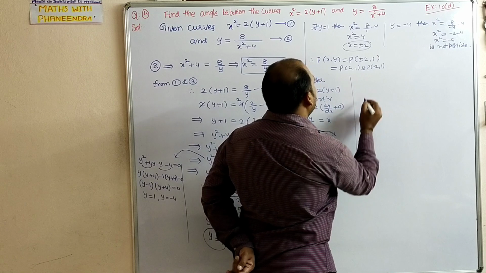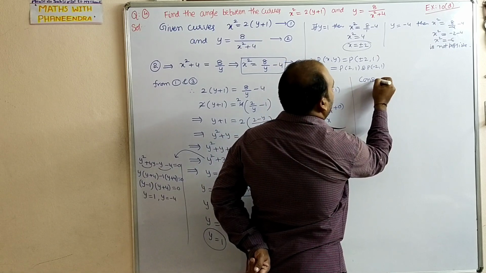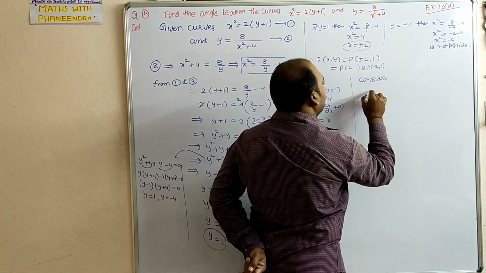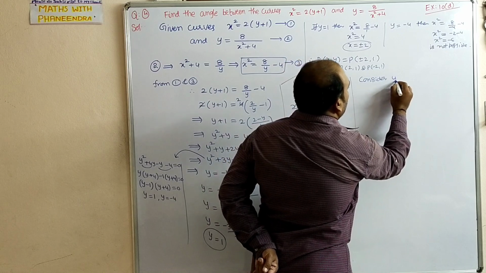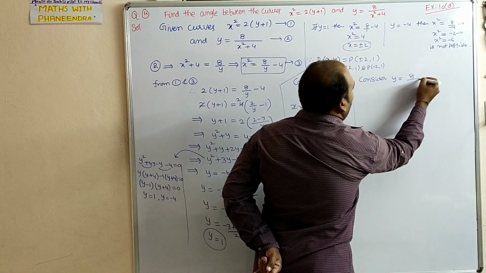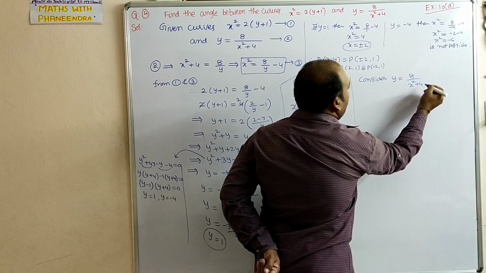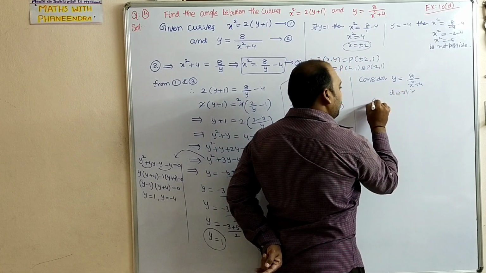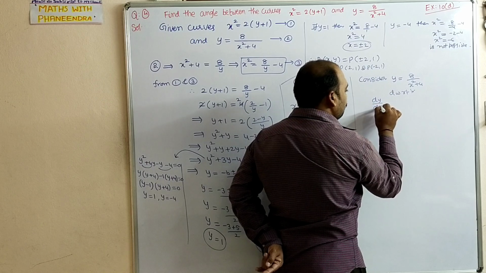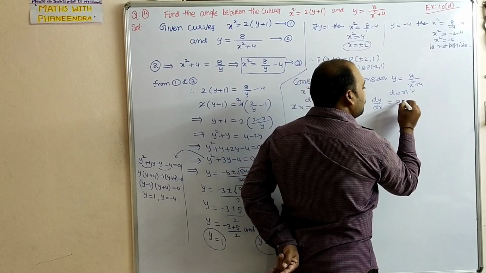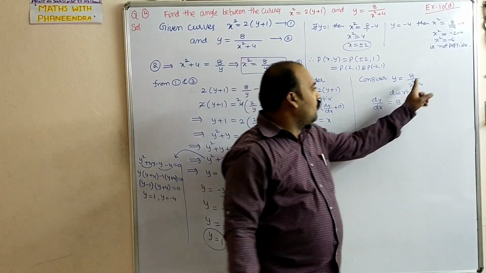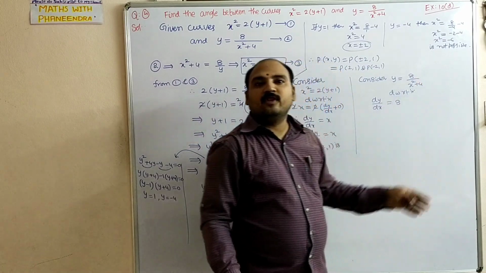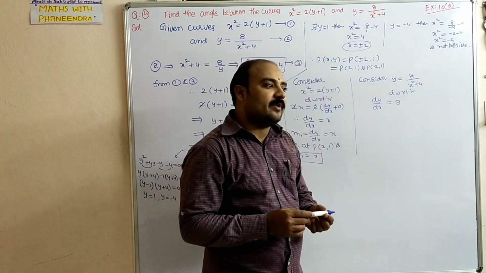Similarly, consider the second curve, y equal to 8 by (x square + 4). Differentiate with respect to x. y derivative is dy by dx. 8 is constant. It is in the form of 1 by (x square + 4). d by dx of 1 by x is what?